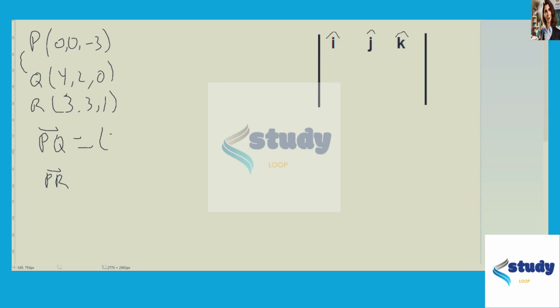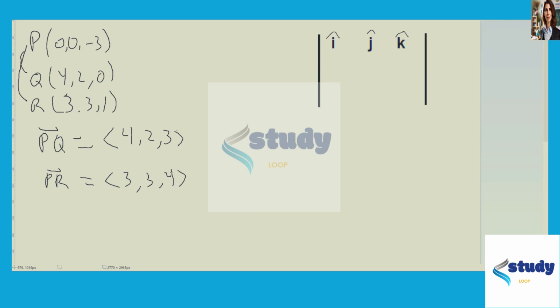That's going to be 4 minus 0, which is 4. 2 minus 0, which is 2. And 0 minus negative 3, which is just 3. Similarly, PR is R minus P, 3 minus 0, 3 minus 0, 1 minus negative 3.